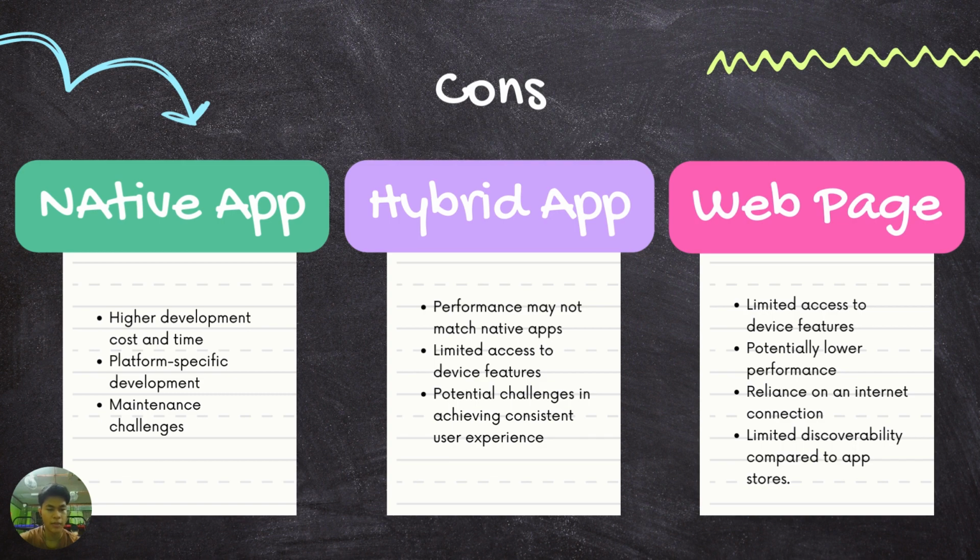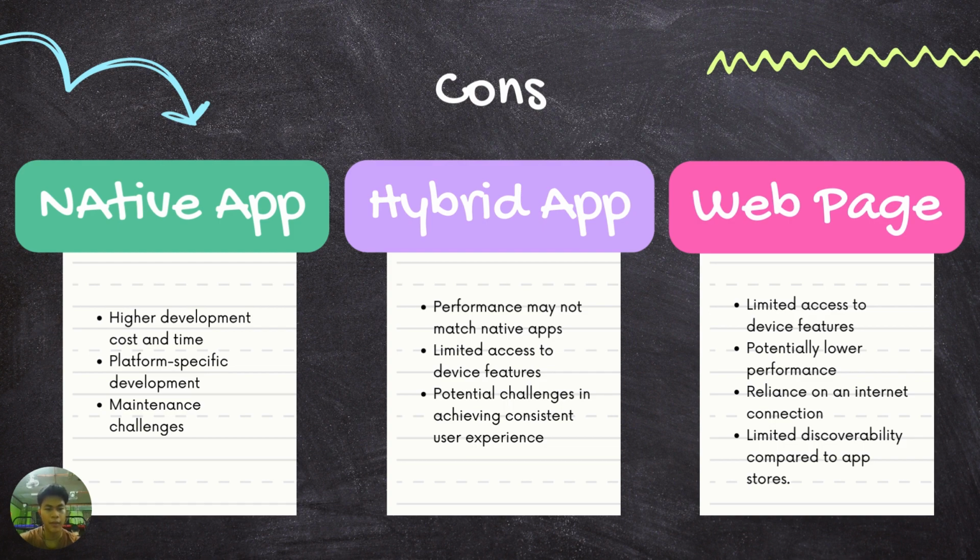It is also a platform-specific development, meaning that we can only access the mobile application using, of course, a mobile phone. It is also maintenance challenging because the cost and the time to maintain a native application is much higher than a web page.